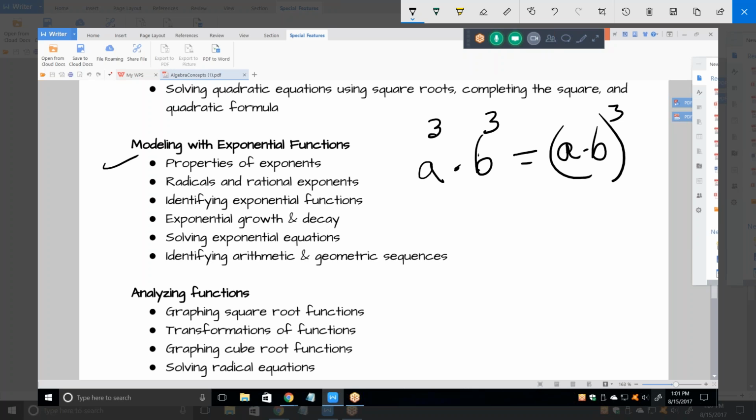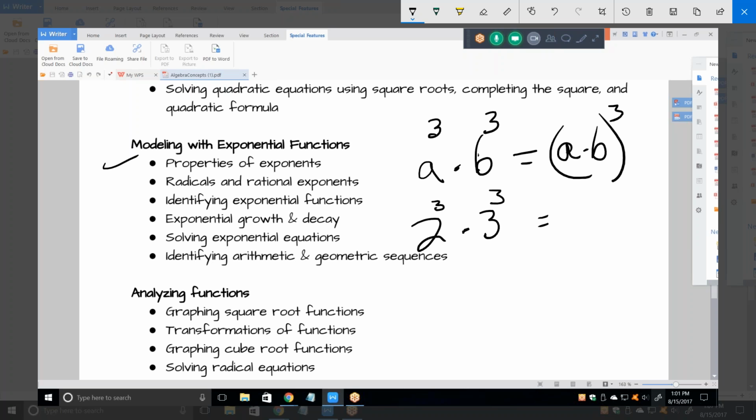Okay. In other words, if I'm multiplying different bases with the same exponent, then it's this. In other words, if I had 2 to the third times 3 to the third, what would that be equal to?